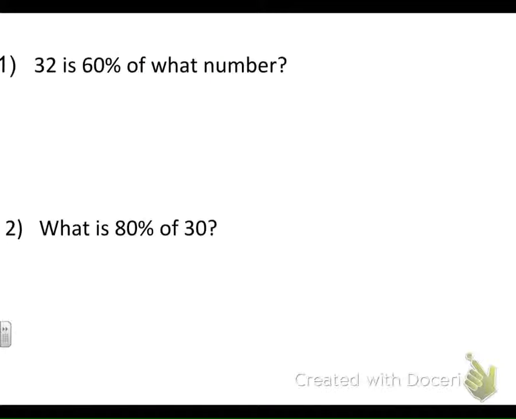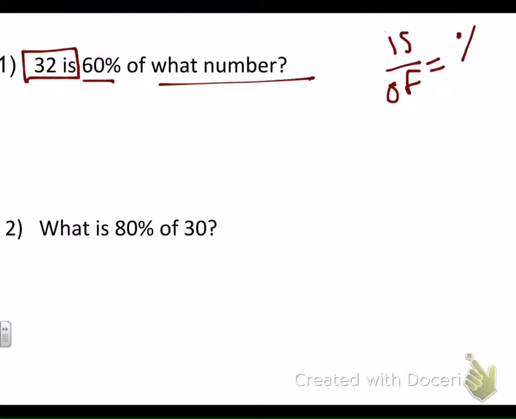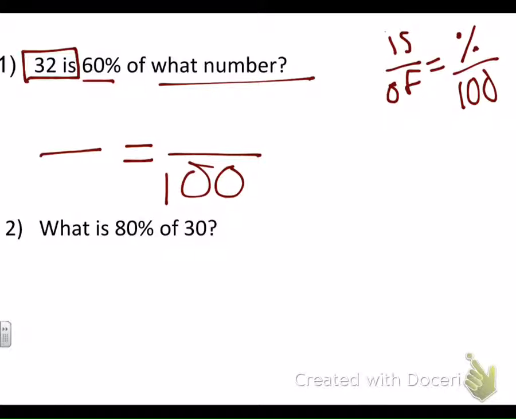So 32 is 60% of what number? So is over of equals percent over 100. So I know blank equals blank over 100. Well, we're given the is, which is 32.